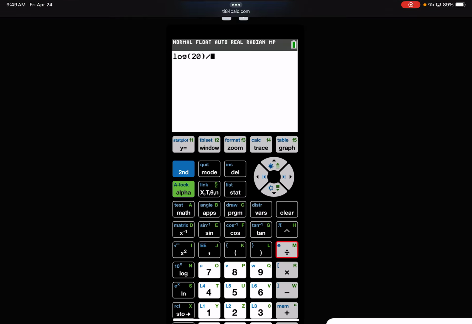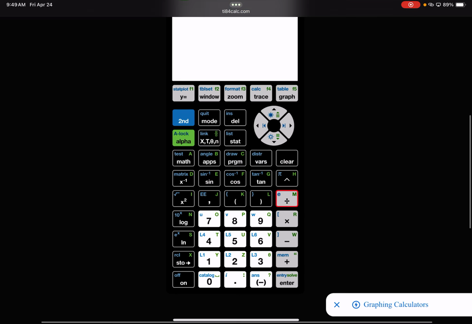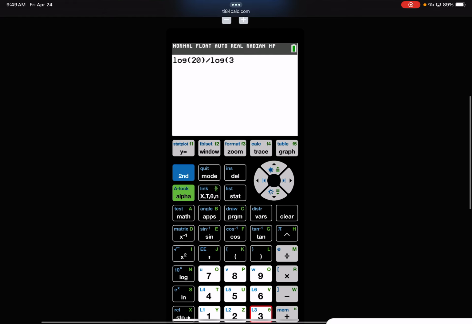And then log of 3 and close your parentheses. And hit enter. If you don't close the parentheses after 20, then it'll think that you're putting another log, like 20 divided by log 3, in that first log. So you have to tell the calculator what you're doing.